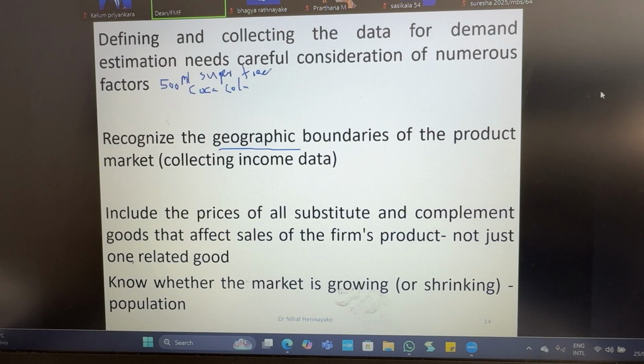The definition is okay now. If you define the product very clearly, collection of data becomes very easy. Because you can separate the particular product from similar other products. So now I want to estimate the demand equation for 500 ml sugar-free Coca-Cola.